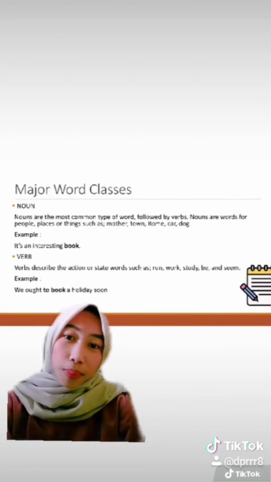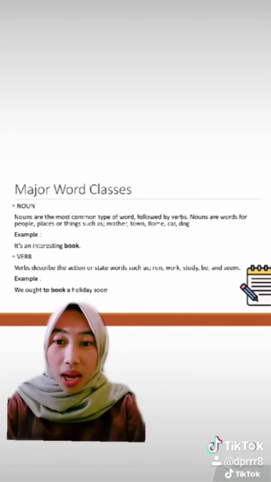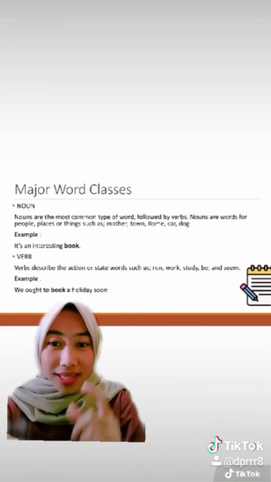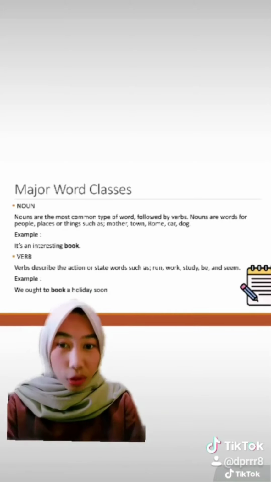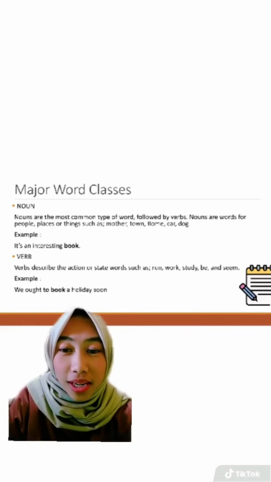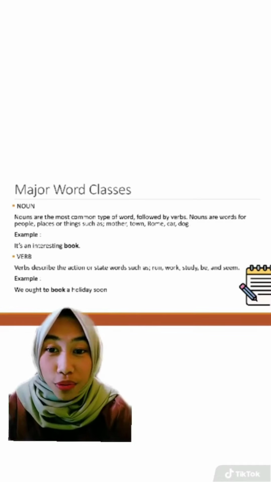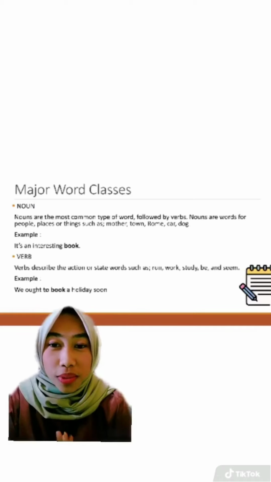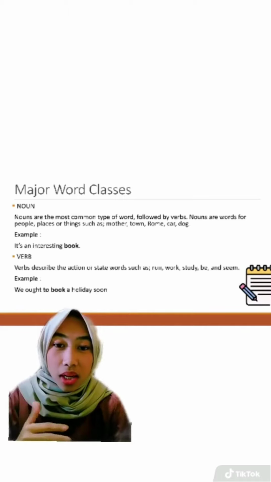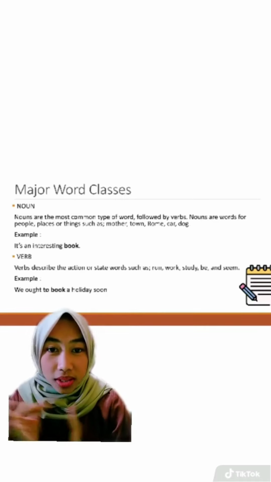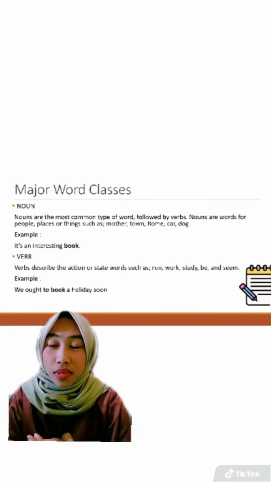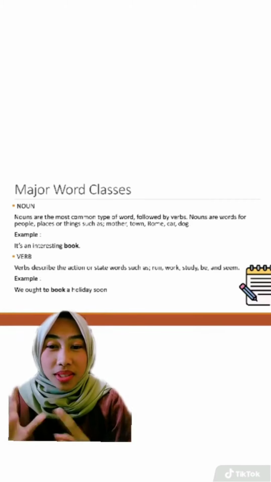For example, in the sentence, it's an interesting book, the word book is a noun. Okay, the next one is verb. What is a verb? Verbs describe actions or states, with words such as run, work, study, buying, see, or sitting.